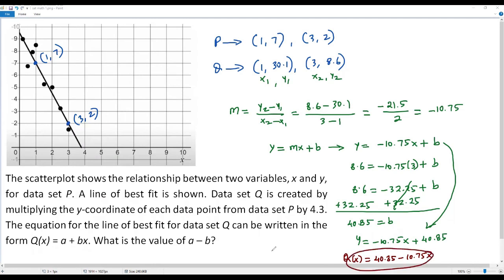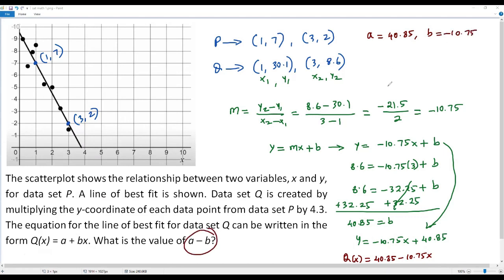Now the equation we got over here is exactly in this form. When I compare this one and this one, at the place of a, there is a constant term, over here is 40.85, and here the coefficient of x is b. Here the coefficient of x is negative 10.75. So when we compare, we get a equals 40.85 and b equals negative 10.75.